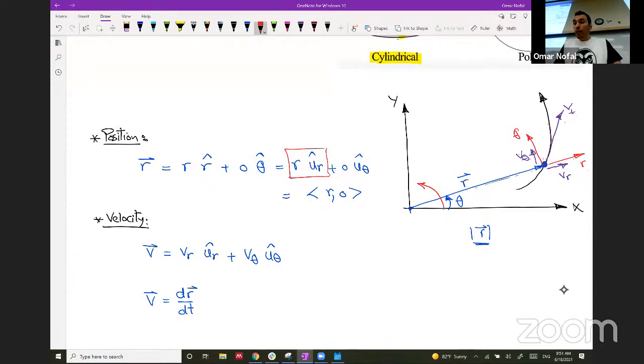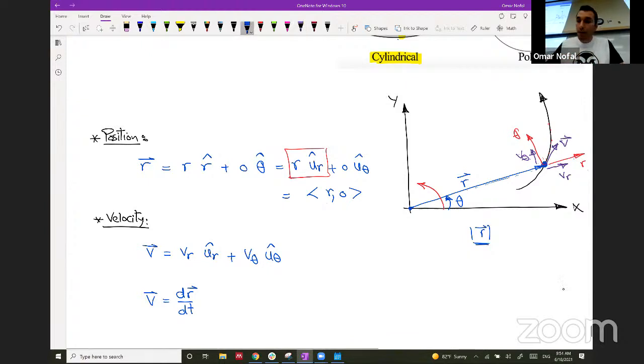Here, let's make this a little smaller. The v vector, and let's see how dr/dt is changing.